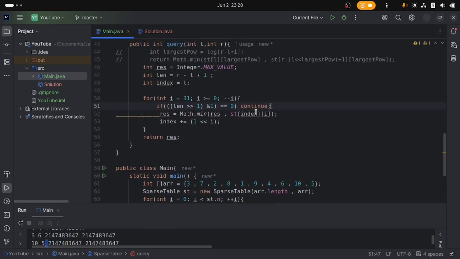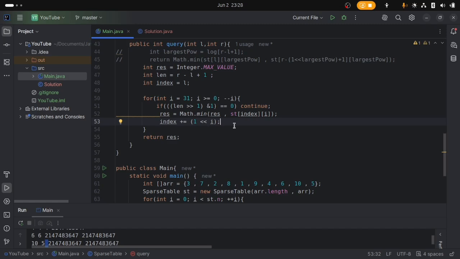Okay, fine. So that simple it is. If that power is not present, just continue. And if we have to consider that power, simply consider index comma that power and move your index by that many positions. Since if we have query 1 to 10, then I think we can consider the largest power 3.